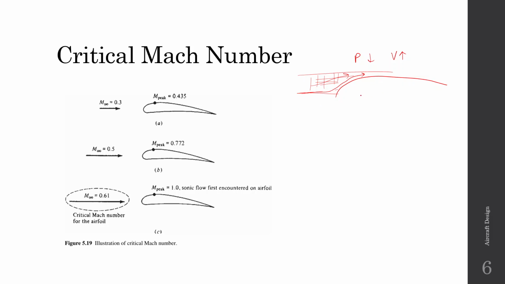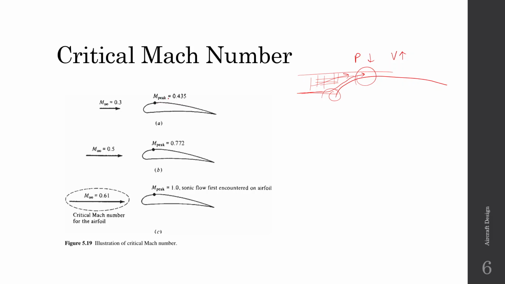And as you can see, the more curvature or thickness there is to the aerofoil, the more acceleration there will be. Especially towards the front of the aerofoil, the velocity at this point is higher than the free stream velocity. Let us say that the free stream velocity is Mach 0.3, then on top of the aerofoil the flow might accelerate to 0.435.